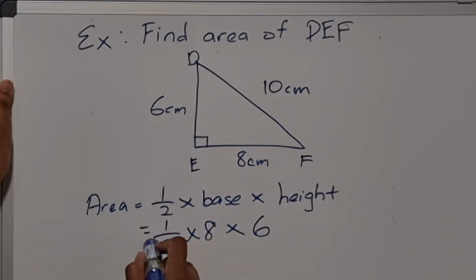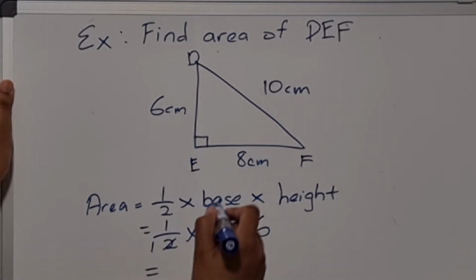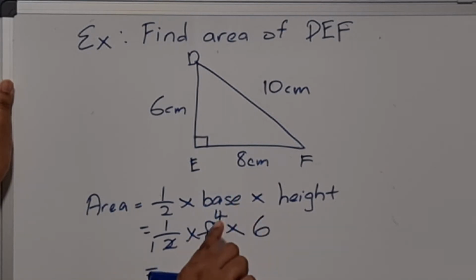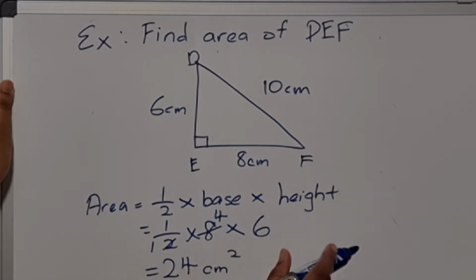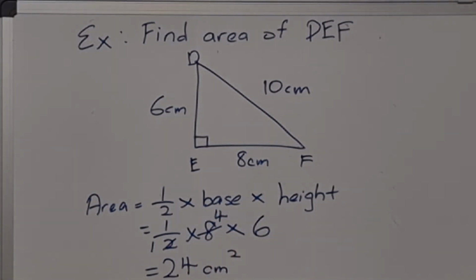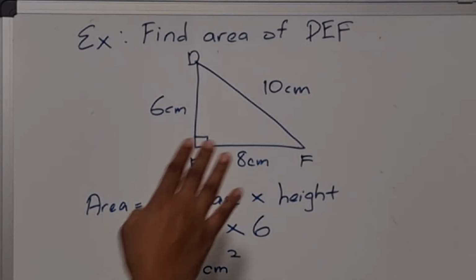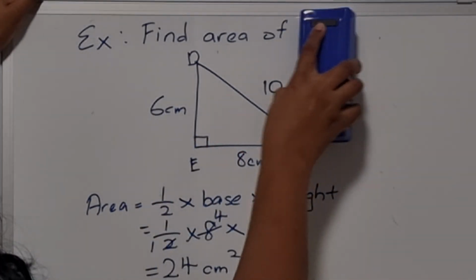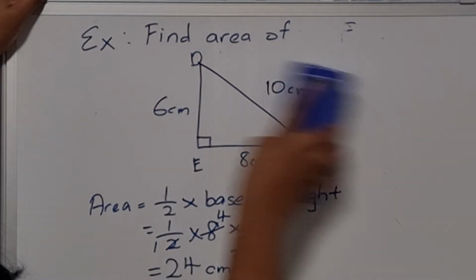Divide by 2, 1. Divide by 2, 4. 4 times 6, 24. Okay, so I'm going to show one more triangle which is not so direct with the height.